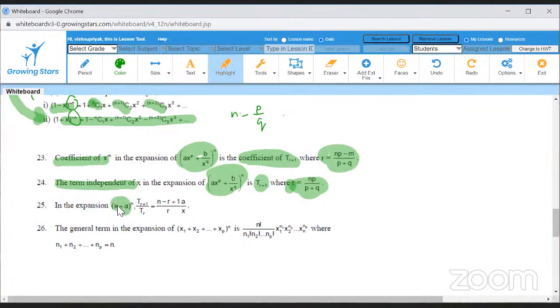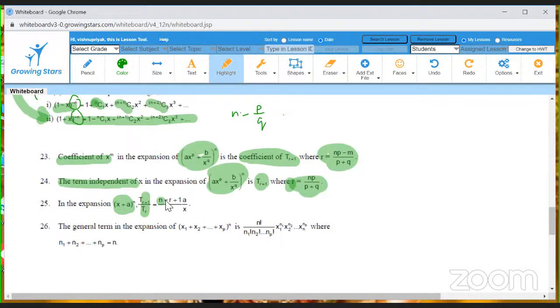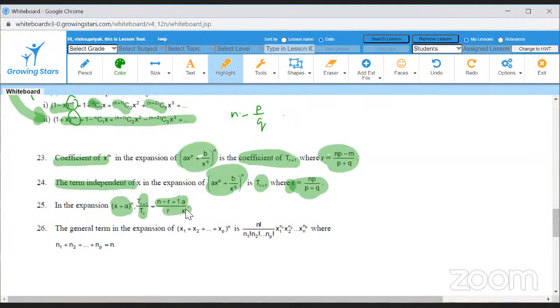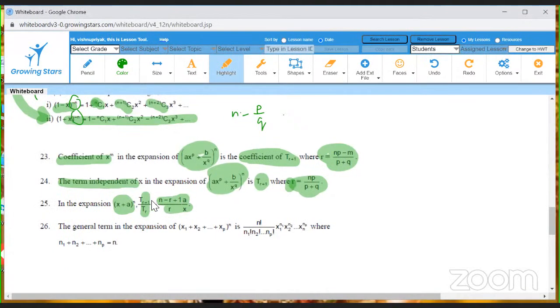In the expansion (x + a)^n, T(r+1)/T(r) will be equal to (n - r + 1)/r into a/x. When you take this T(r+1)/T(r), you will take (n - r + 1)/r into a/x.